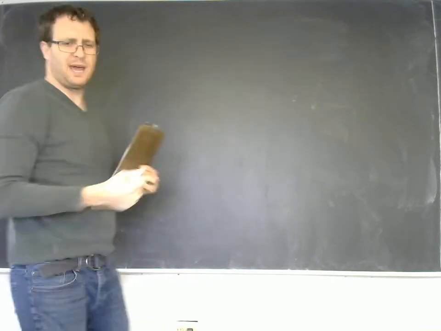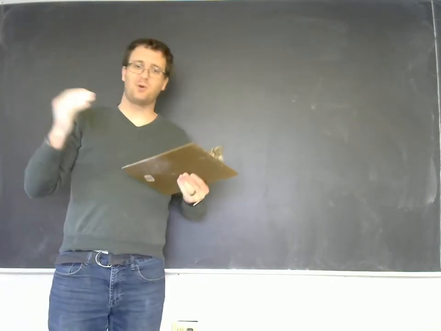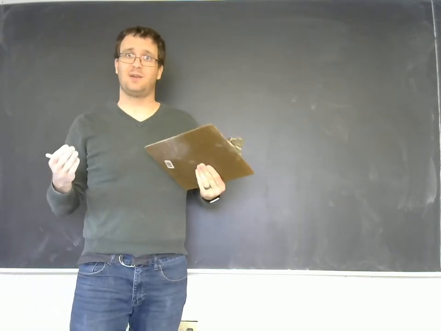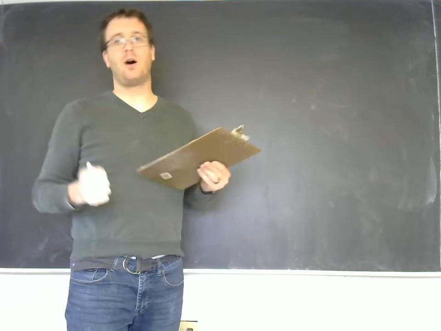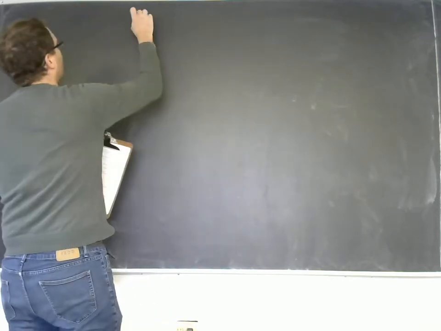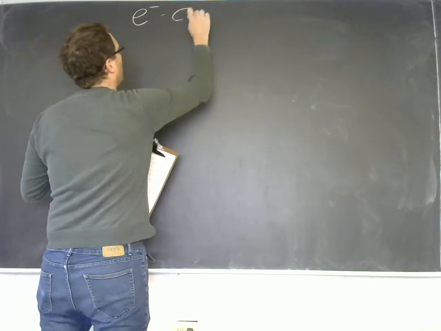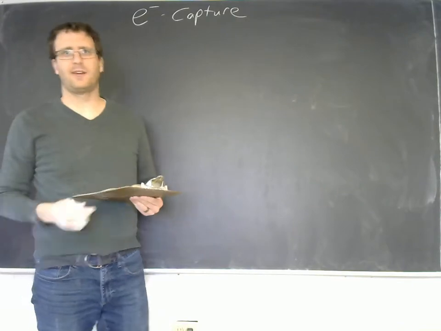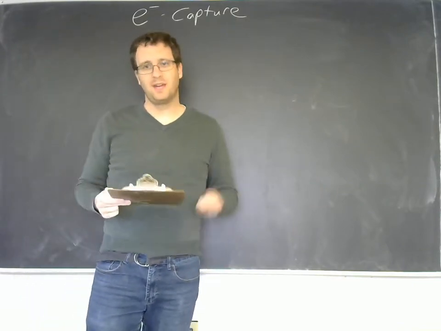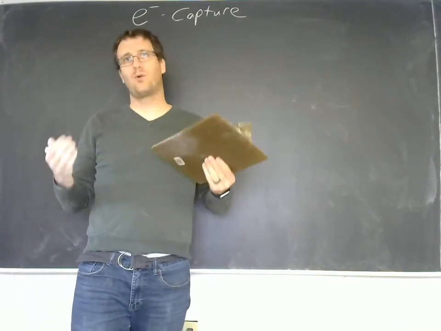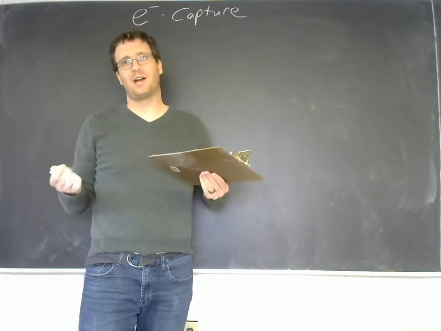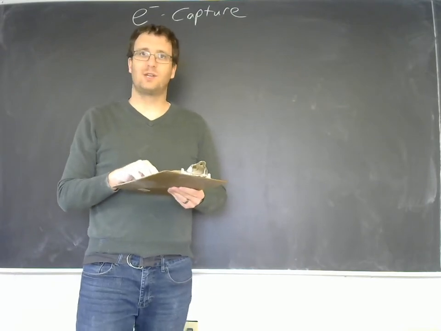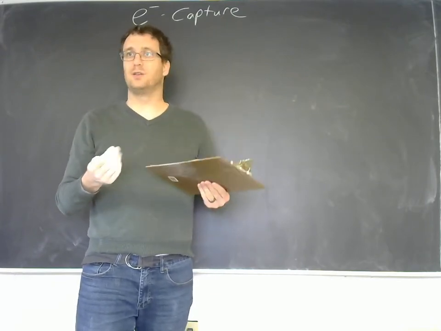It's the same mass, but one position down on the periodic table, which is kind of the opposite of beta decay, which is the same mass, but one position up on the periodic table. And then we have a kind of strange sort of radiation called electron capture. In electron capture, one of the core electrons of an element is actually absorbed by a proton in the nucleus, and that converts into a neutron.